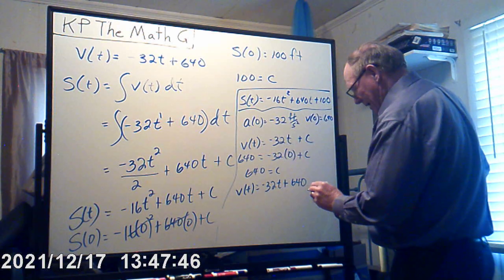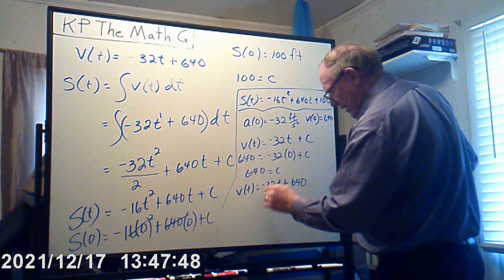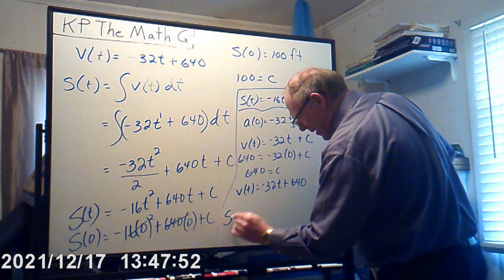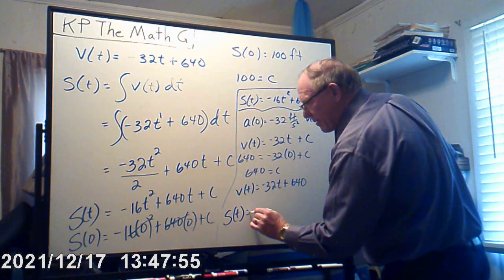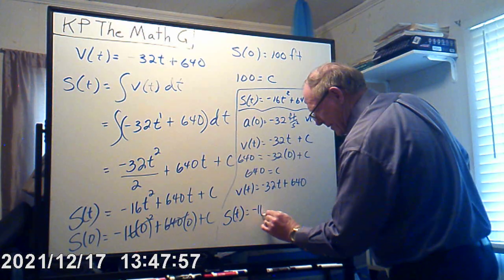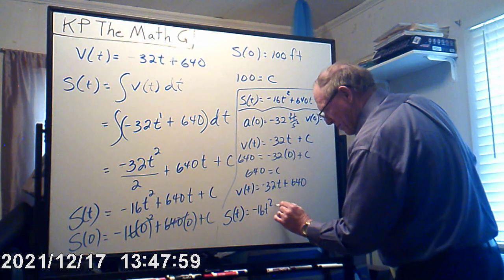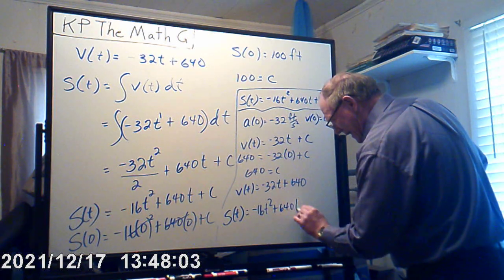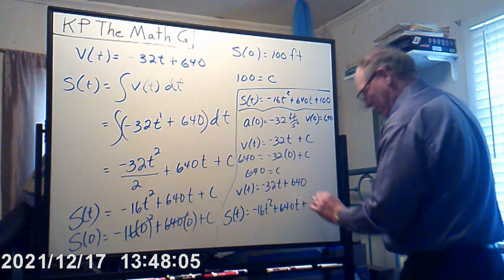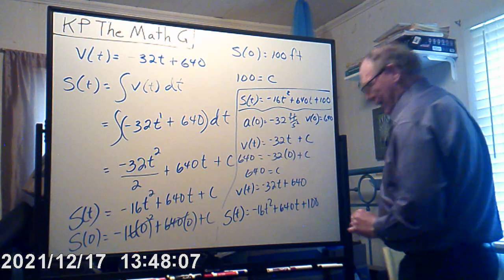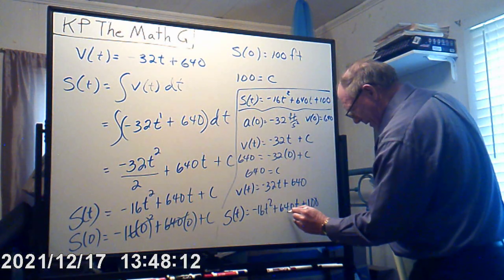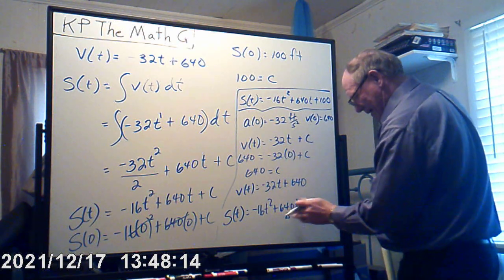So actually we took the antiderivative and we got this. Now s at t is equal to negative 16t squared plus 640t plus 100. And if you look at this, you can easily see where the velocity is right here.